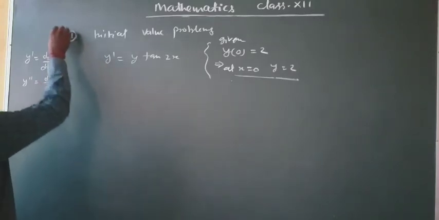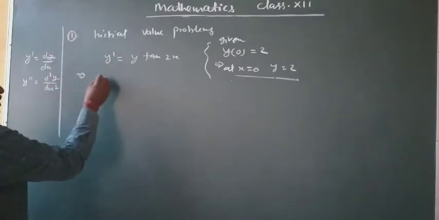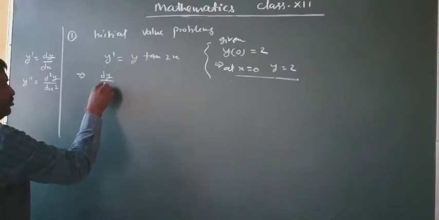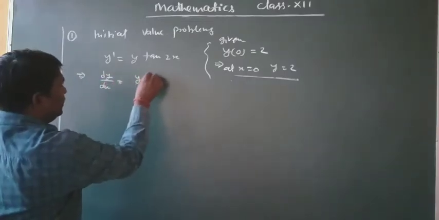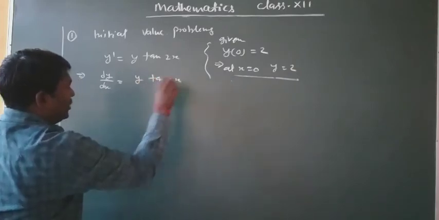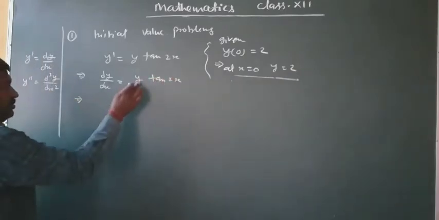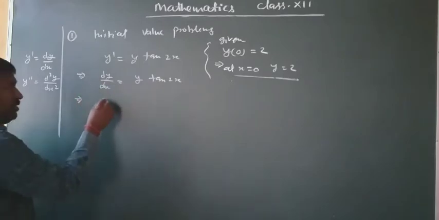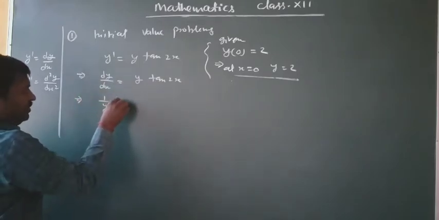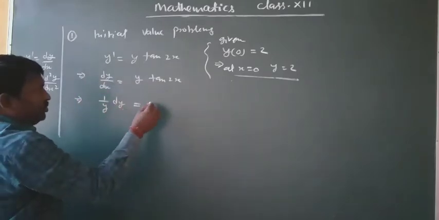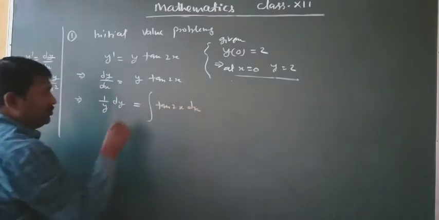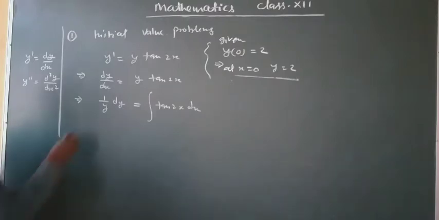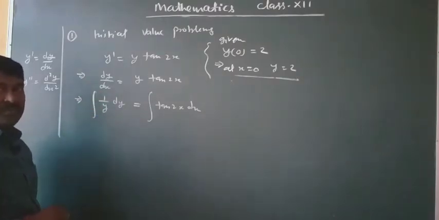So here dy by dx is equal to y tan 2x. This y can be taken along with dy, so 1 upon y dy is equal to tan 2x dx. Is it clear?